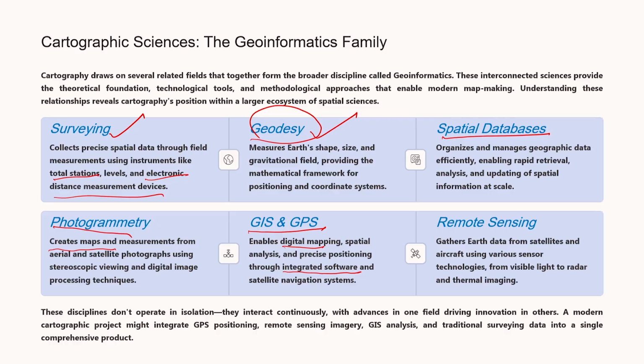Most navigation, whether air or otherwise, uses GNSS. Already I told you the role of remote sensing in cartography. So, these disciplines are playing a great role in the development of cartography.